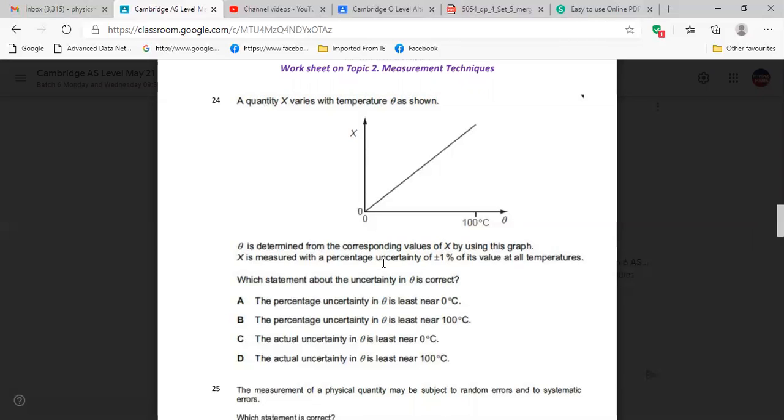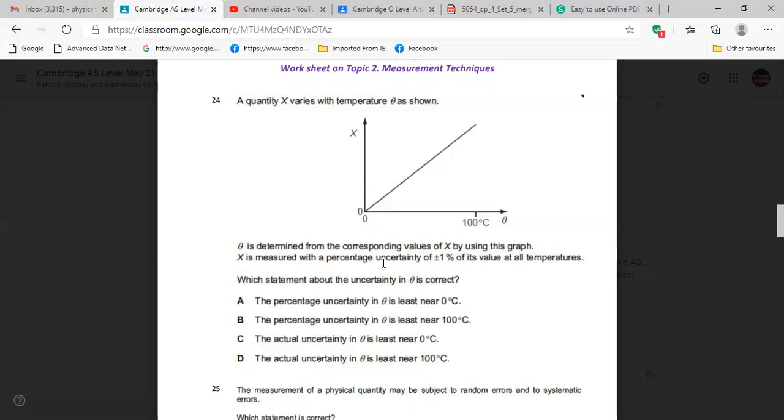Yes, sir. So 1%, if you take it in decimal point, what it will come? 0.01, right? Yes, sir. So if you think of 0.01, so if you multiply any temperature with 0.01, then it will be very small, right?